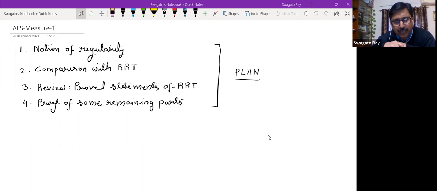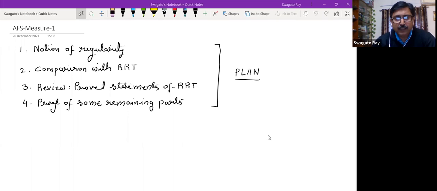Say something like you can approximate discontinuous functions by continuous functions or differentiable functions by non-differentiable functions. That happens. And the heart of that method of approximation on which analysis basically relies lies the notion of regularity of a measure. And that is what I'm going to start with.